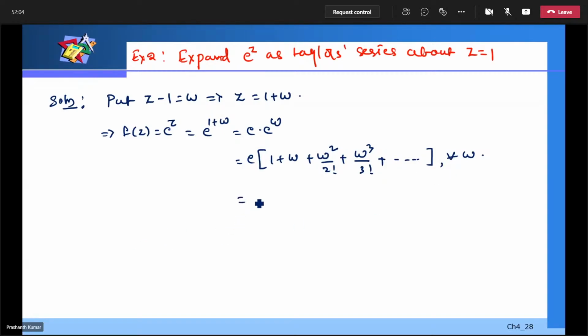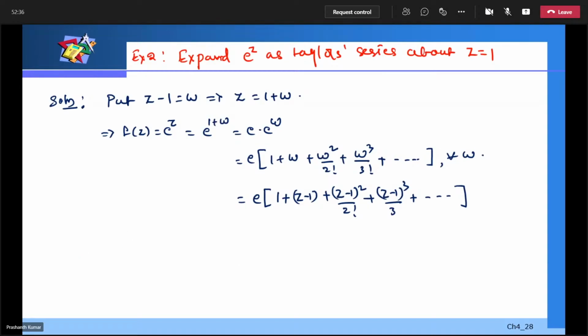We write e into, again just you change w as z minus 1. Okay, so then 1 plus z minus 1 plus z minus 1 whole square by 2 factorial plus z minus 1 whole cube by 3 factorial plus and so on.